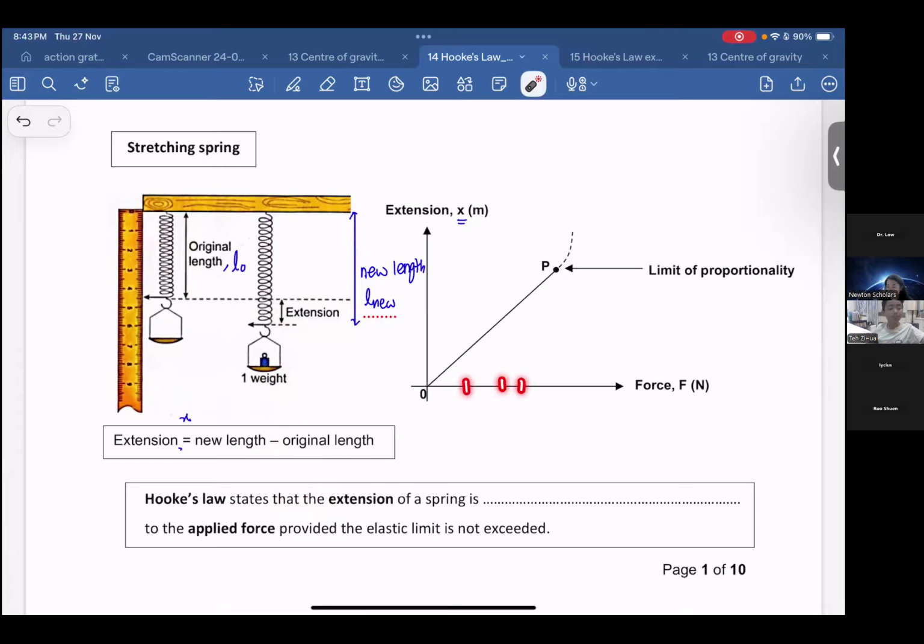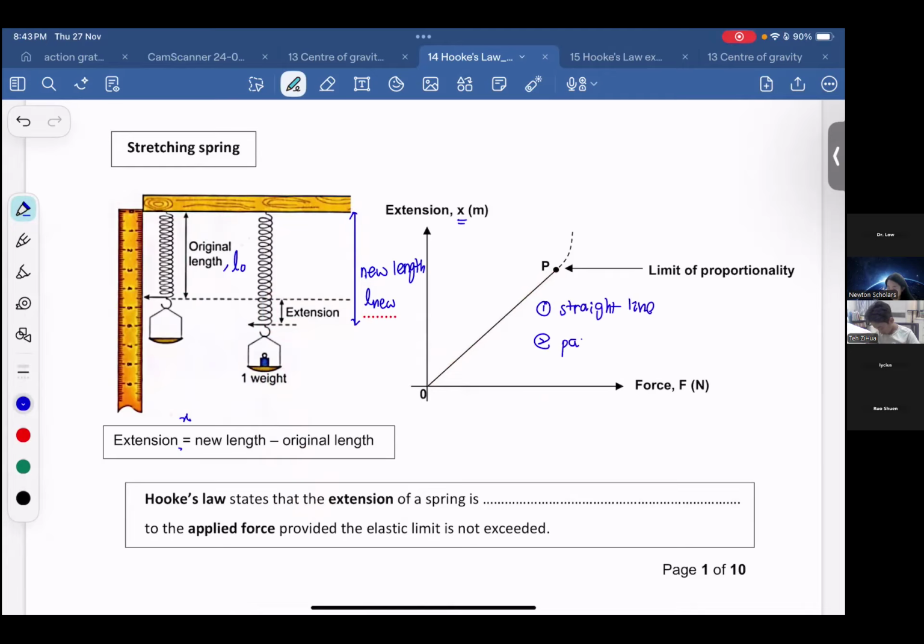Okay, so if we do some experiment, 1 Newton, 2 Newton, 3 Newton, 4 Newton, we plot the graph. We found out that in the first part, in the experiment, we can get a straight line passing through the origin. Straight line, second, pass through origin.